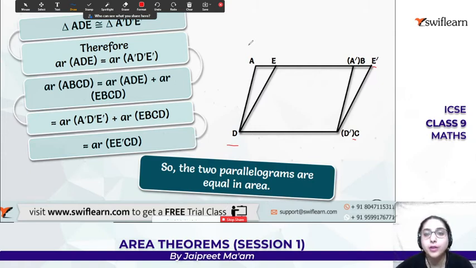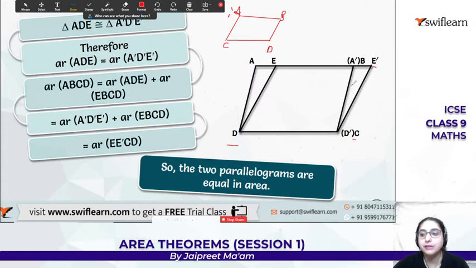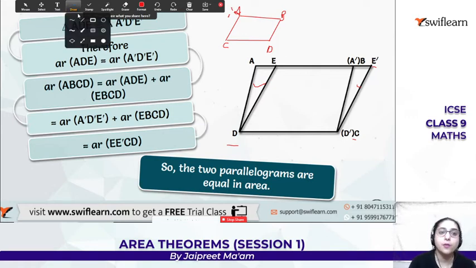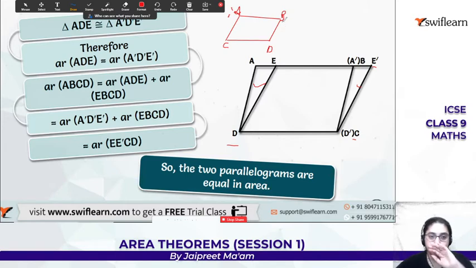Because we had two parallelograms, one was ABCD. Then we drew the lines and found these two triangles are congruent. That means the area of this figure plus the area of the congruent figure will be equal. So it's like this.